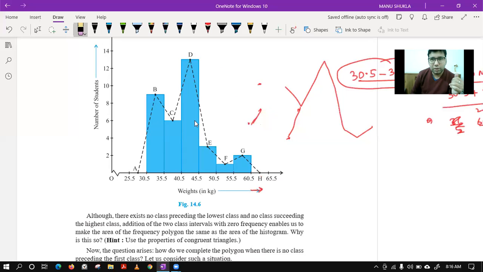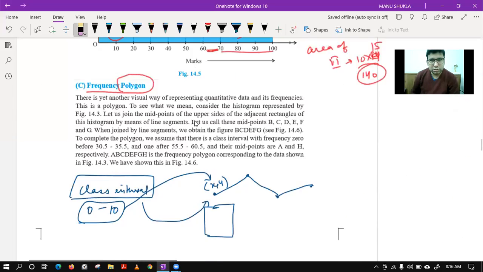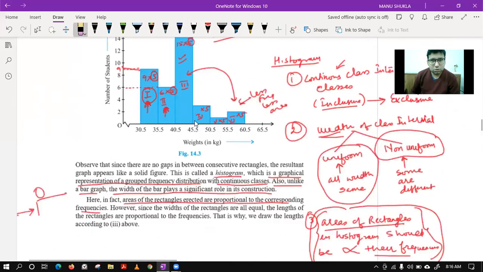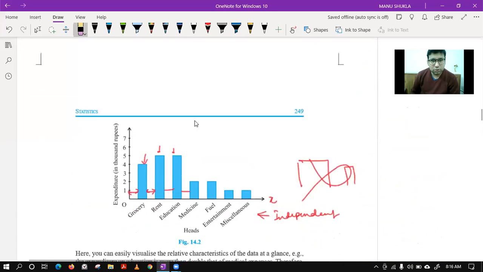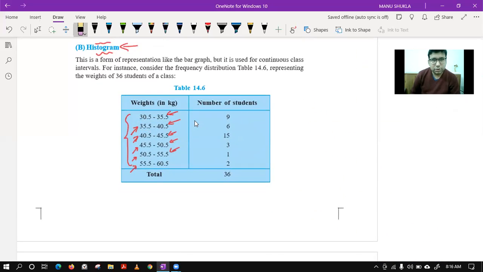They have taken a uniform width question. This is the one. So they are trying to make a histogram for this table, and then they are going to form a frequency polygon for this.